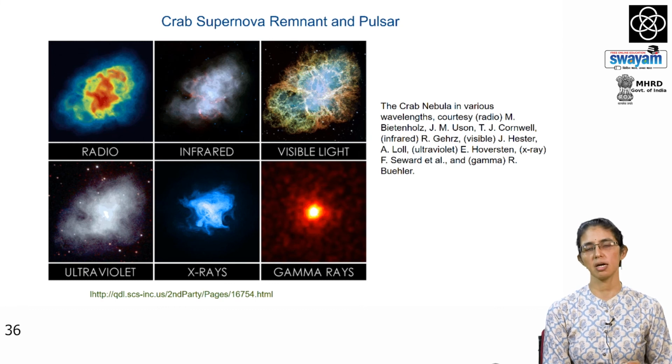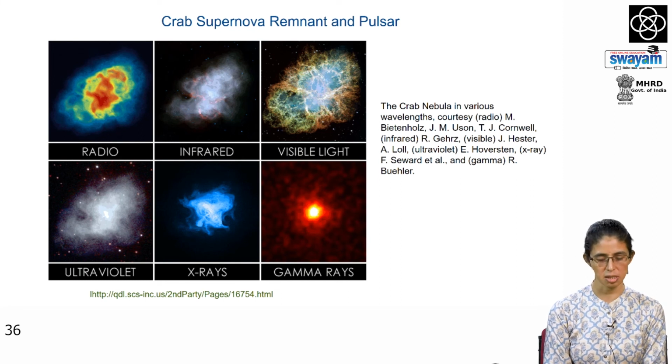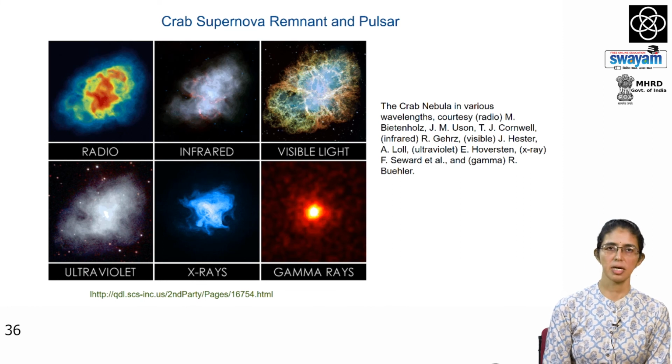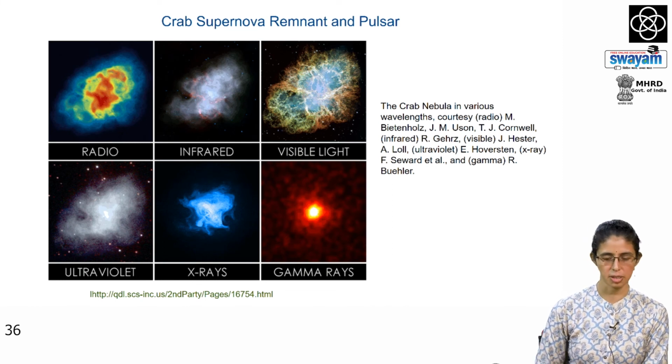Therefore, by studying a particular object in a given wavelength band, one can understand the physical processes associated with that wavelength regime. In X-rays, for instance, one can clearly see the jet-like emission from the Crab pulsar as well as a disc-like structure around it.